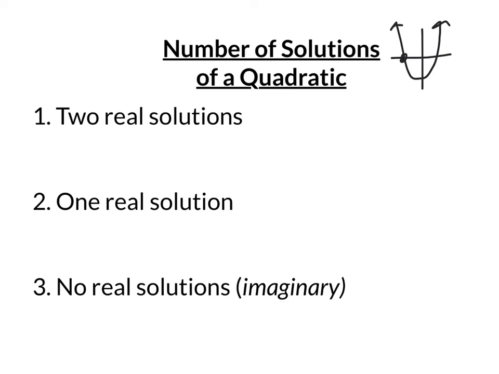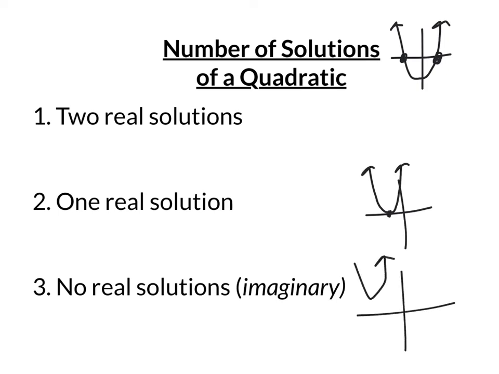Typically, quadratics have two solutions because they cross the x-axis twice. But we've also seen some examples where it touches just once, or where it doesn't cross the graph at all. So it's possible to have two solutions, one solution, or no solution at all.